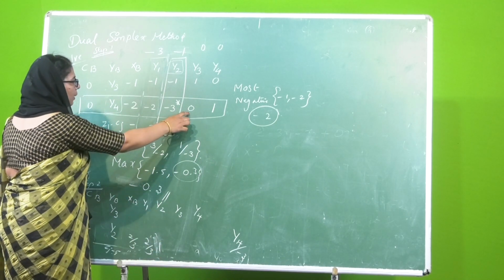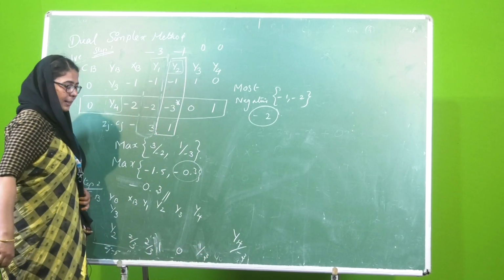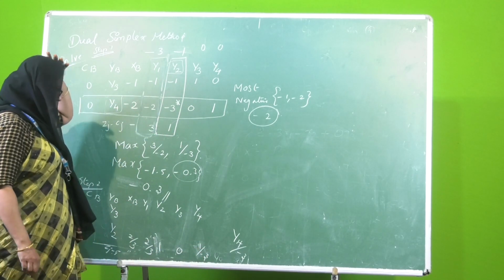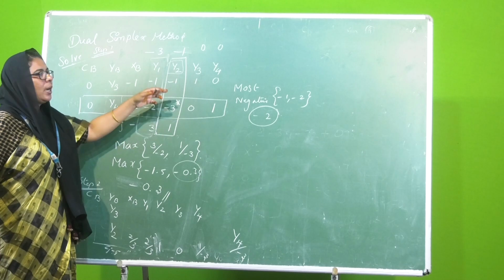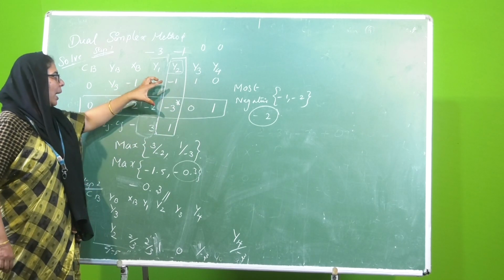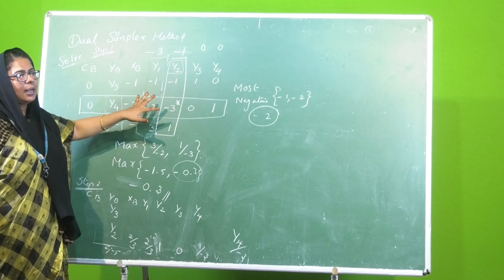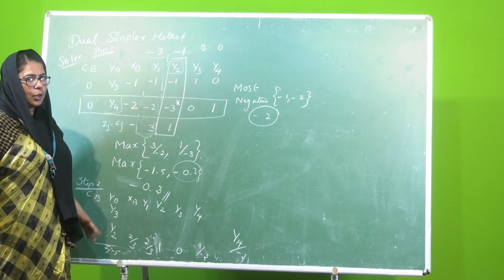Y2 becomes 1, this is 0, this is 1 by minus 3, 1 by minus 3. And the corresponding elements get zeros. By which process? You have to add the corresponding elements with the pivot element, then we get the corresponding elements as 0.